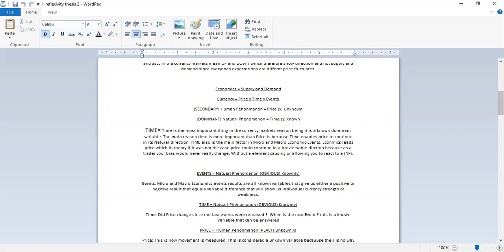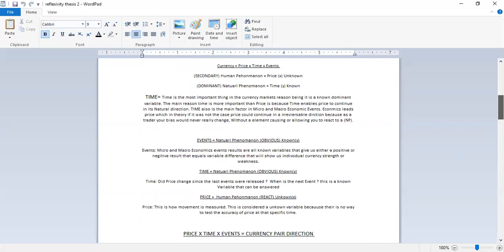That's how we create our data sheets. Now, time, on the other hand, is also obvious or known because we're able to ask these 2 questions. Did price change since the last events were released, yes or no? When is the next event? We can just go look at the global economic calendar and see that. So these are known variables that can be answered.